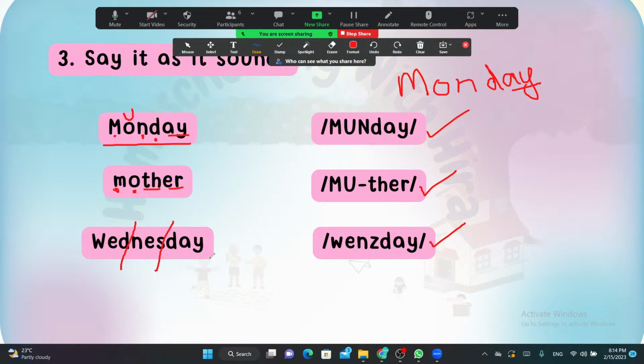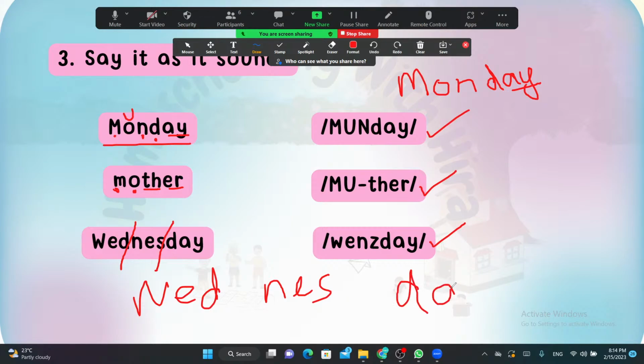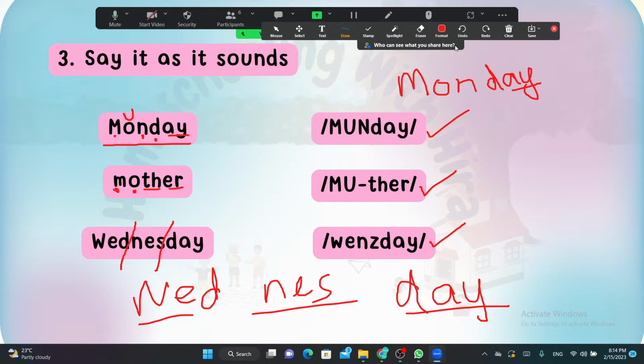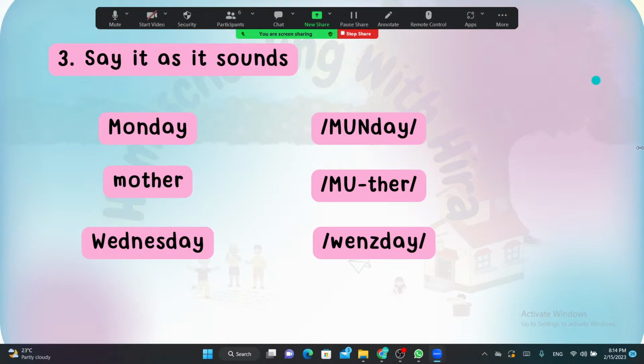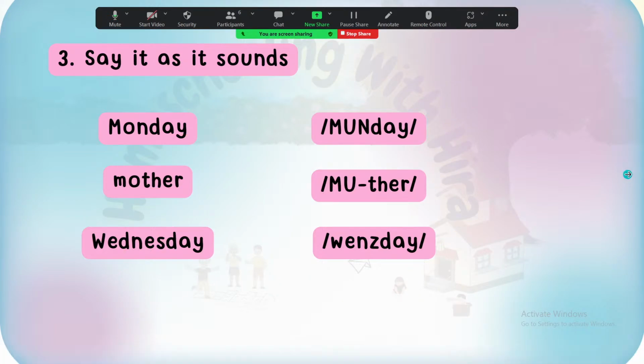So the sounds will be w, a, d, wed, n, a, s, nes, d, a, day. So if you write wed, nes, day, the word will be Wednesday. Okay, so this is how you can guide them by decoding the word as the spelling goes. And this is really the most effective method.